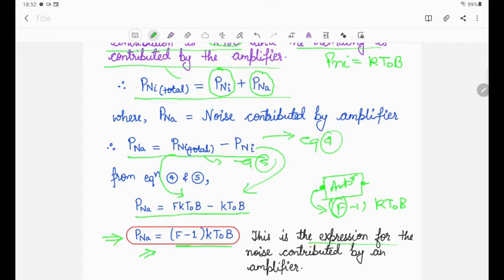This is the expression for the noise contributed by the amplifier, whereas the total noise is F K T naught B. So the total noise contributed by the amplifier is F minus 1 K T naught B. If the amplifier noise factor is F1, then F1 minus 1 Kt naught B is the noise contributed by this amplifier at the input.